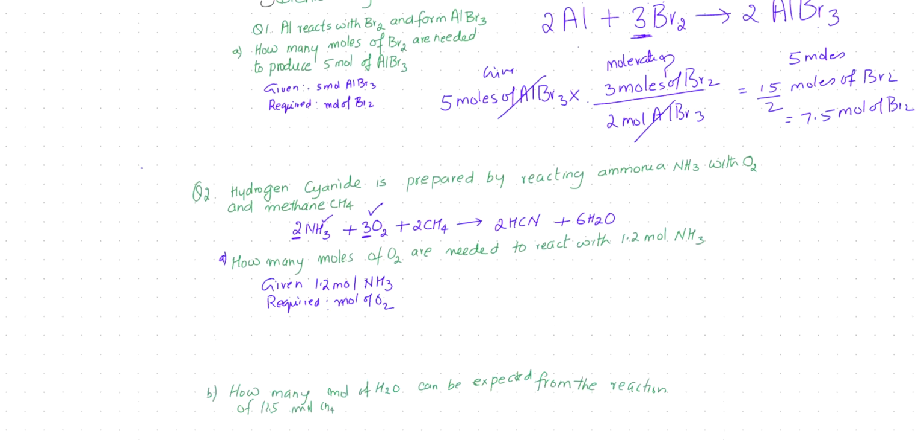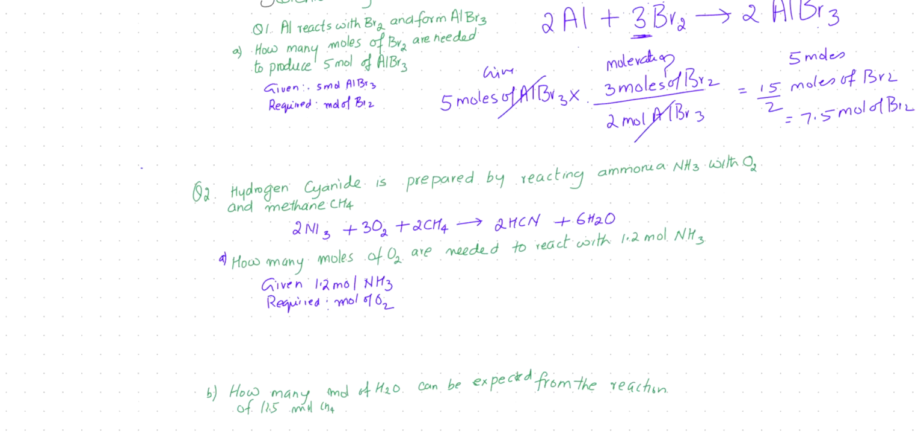Ammonia plus oxygen plus methane, they form hydrogen cyanide and water. So now the question is, how many moles of oxygen are needed to react with 1.2 moles of ammonia?